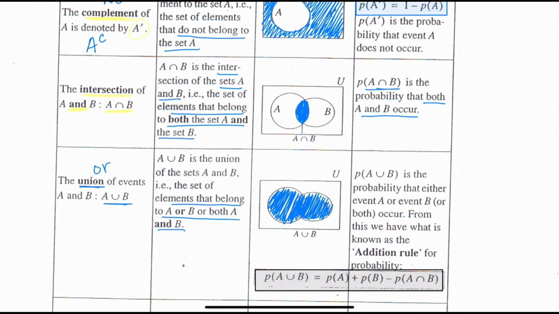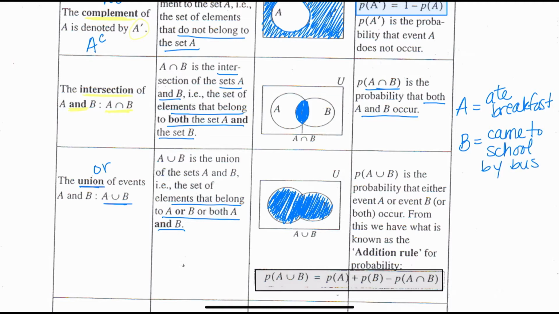So let's take a look at a random example. Let's say that set A are those students that ate breakfast this morning. And let's say that set B are the students who came to school by bus. If I want to find all the students who ate breakfast and came to school by bus, then we're talking about the intersection of A and B. Those are the ones who ate breakfast and came to school by bus.